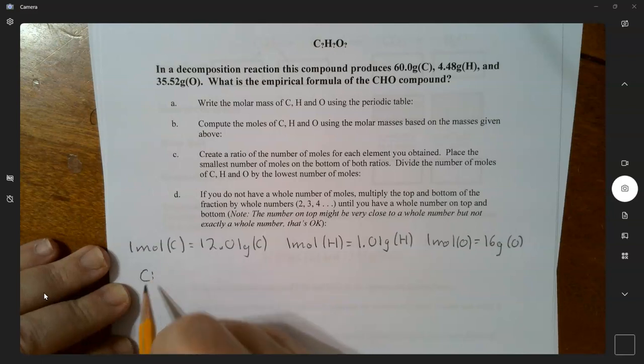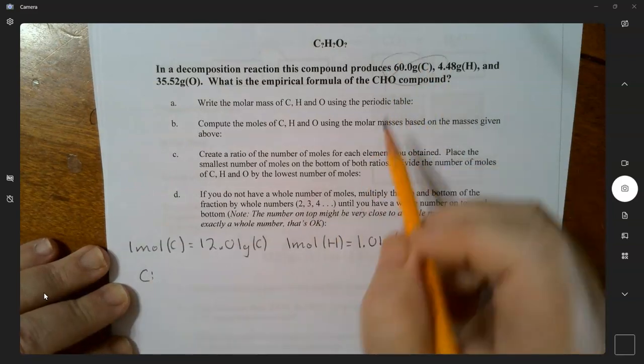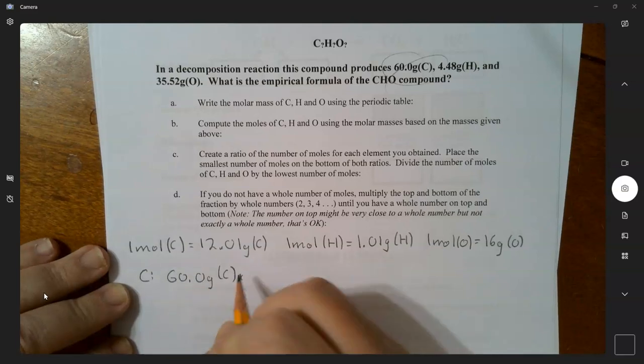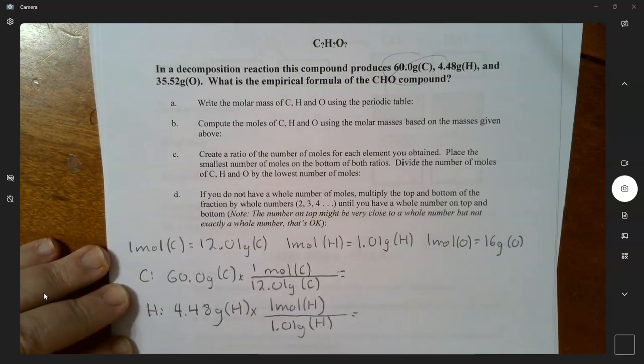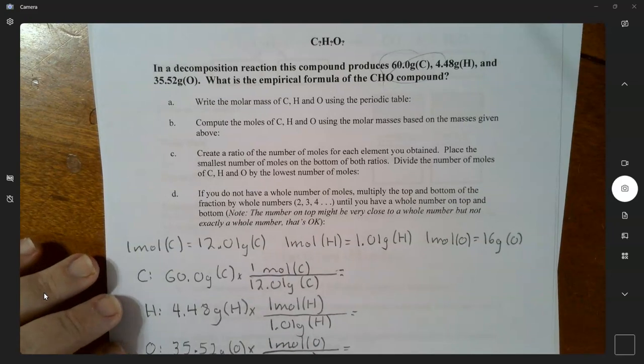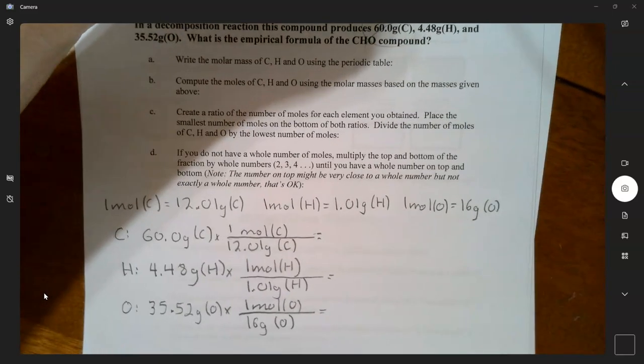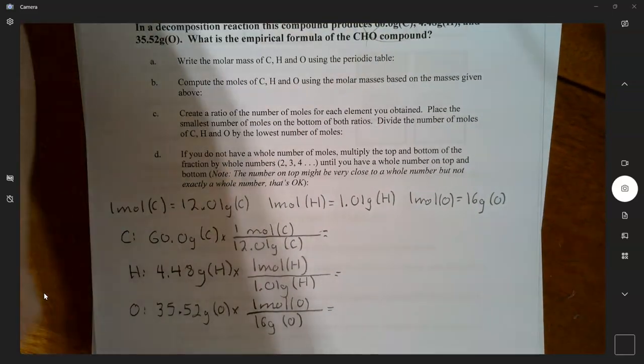So we're going to start with carbon. Okay, and we're given 60 grams. And I'll just go ahead and write the equations first and then do the calculations. Back on the screen here, and now we're going to do the calculations.